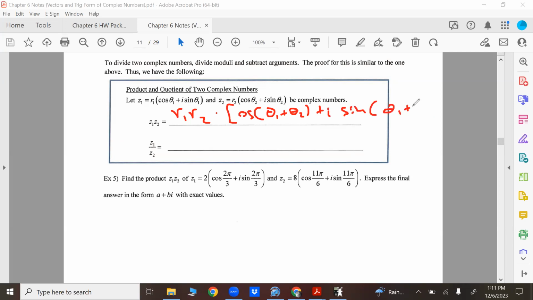It's not hard to see where it comes from if you go through the foiling process, but ultimately you'll just use that formula. And if you're dividing, it's going to be r1 over r2, and it's just the opposite: cosine of theta 1 minus theta 2. Just trust me, if you go through the process, it will work out this way.